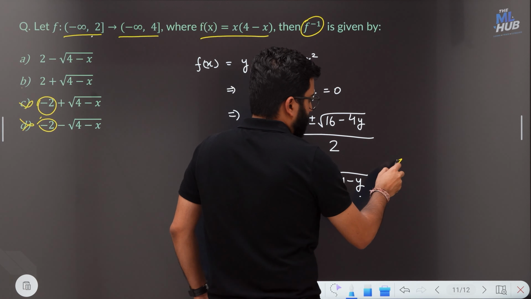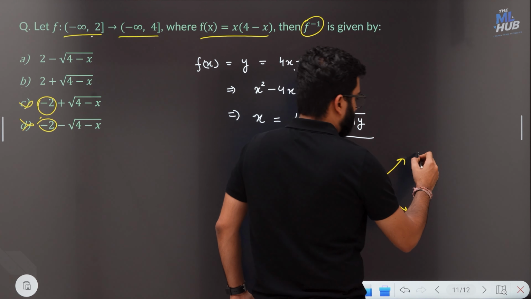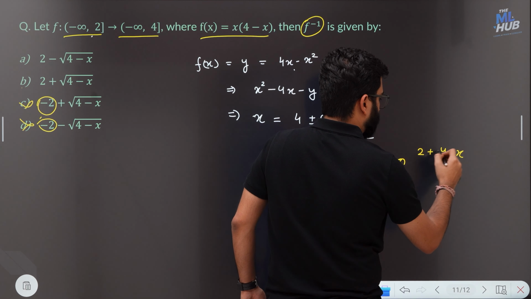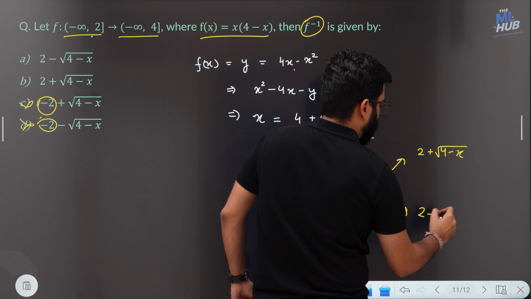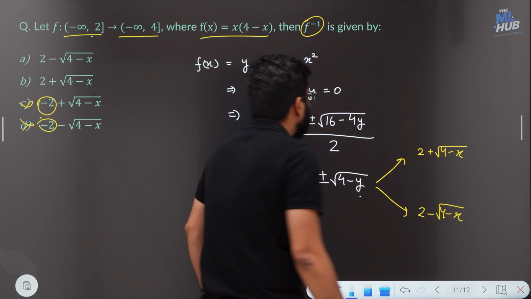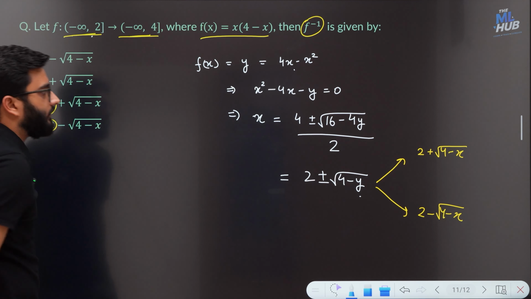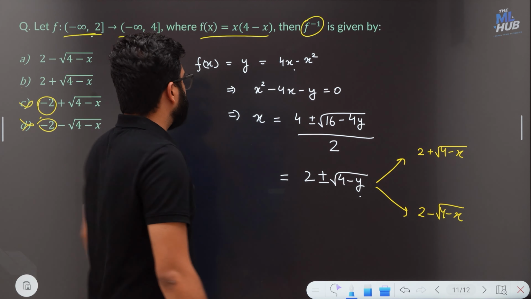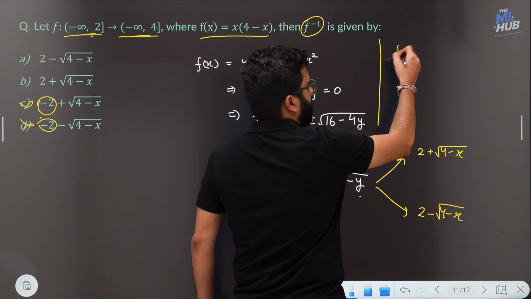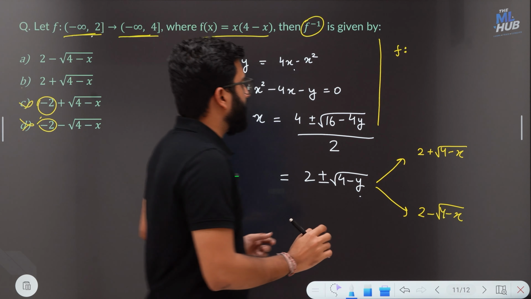But first let us replace y with x. So either it will be 2 plus square root of 4 minus x or it will be 2 minus square root of 4 minus x. So for this we have already been given the range and domain of the function. Whenever there is a function f, it is a generic definition that I am giving.